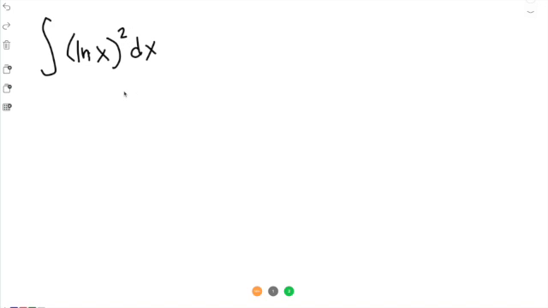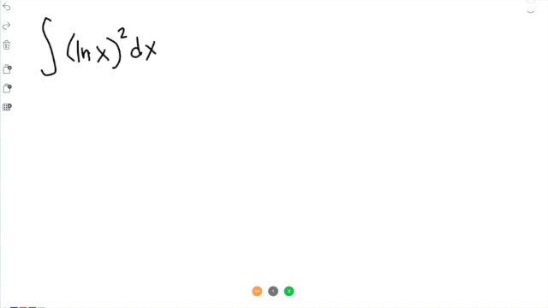In that case, you don't have to do integration by parts. But if you see that it doesn't fit any integration formula, or you cannot even do u substitution on it, then a useful technique would be to integrate by parts.